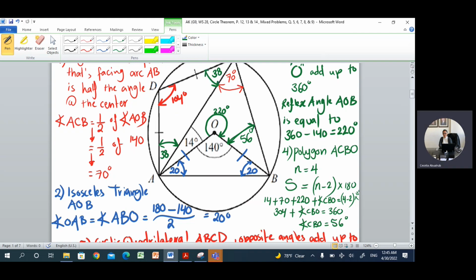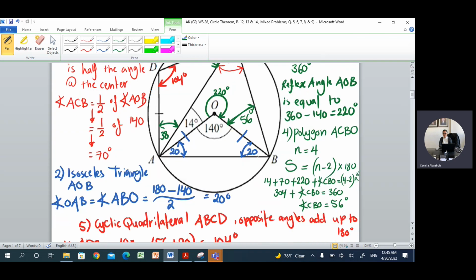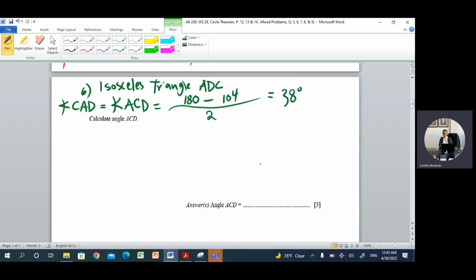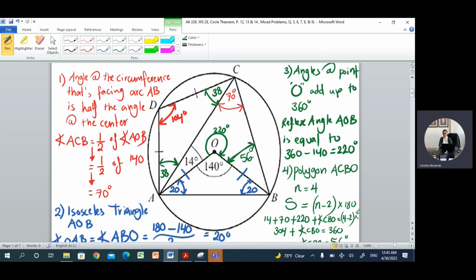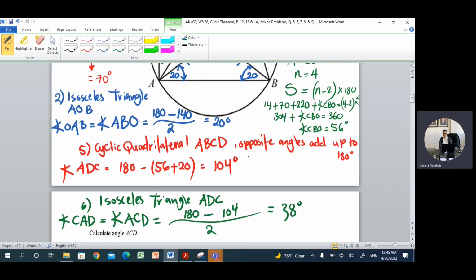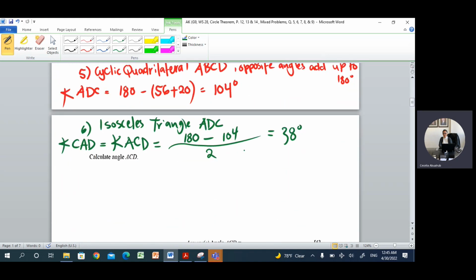So I think we found all angles. Now we can answer the questions. So ACD, where is angle ACD? It's the angle that we found. ACD, it's 38 degrees.